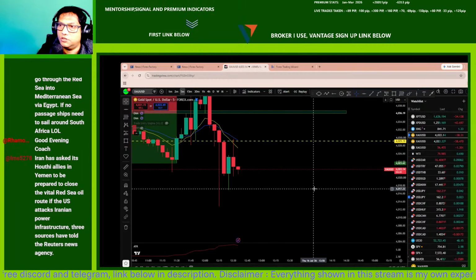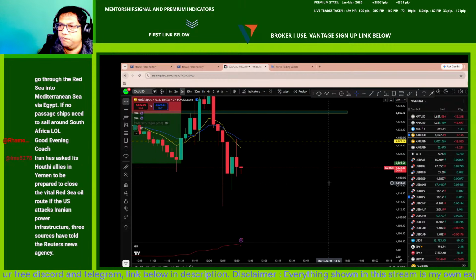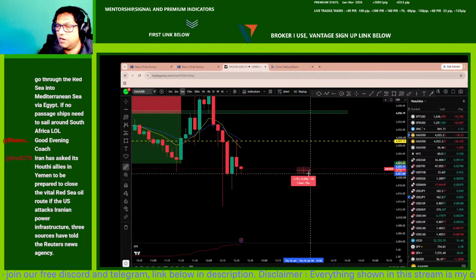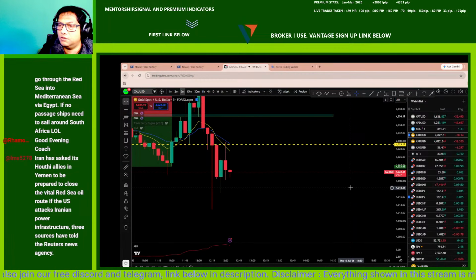So there is a 5 minutes also bearish engulfer has formed at this level, which shows that the market might be here remaining. It's pretty volatile.